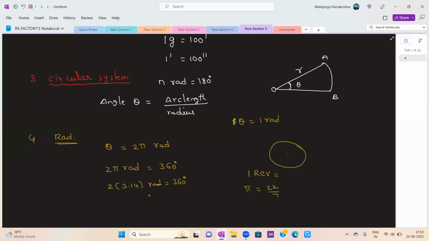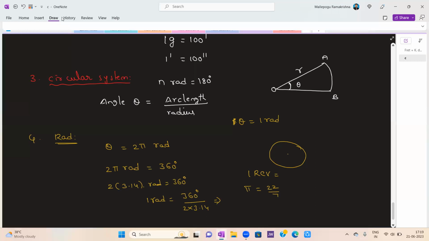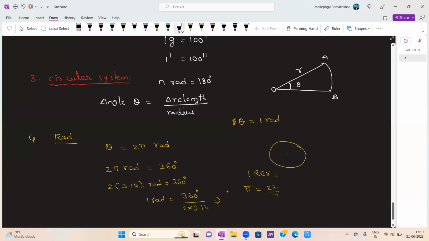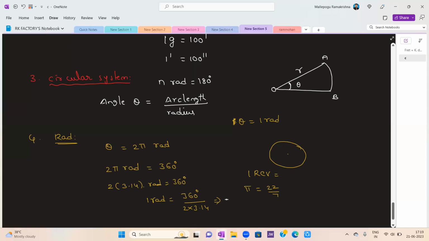Now if you take 1 radian, it is 360 divided by 2 into 3.14. We are going to get the value as 57.3 degrees approximately.